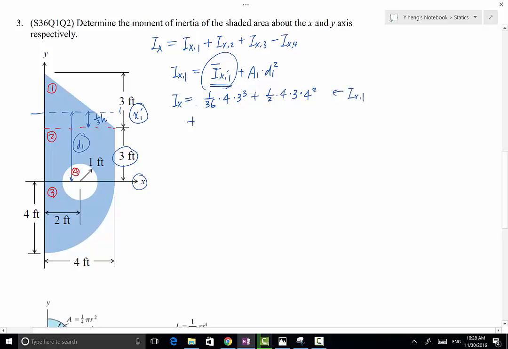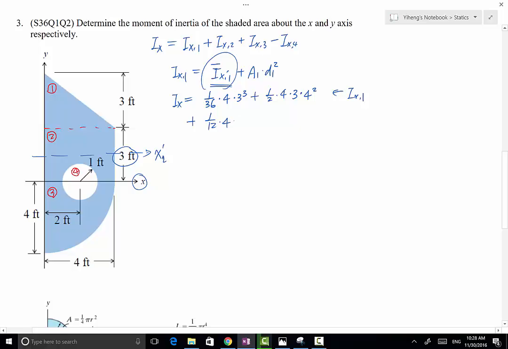Moving on to our Ix2. For our Ix2, we can look up the moment of inertia about its own centroidal x2 prime axis, which equals 1/12 b h to the third power.